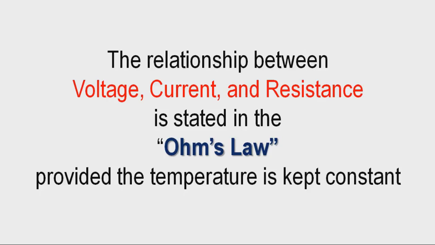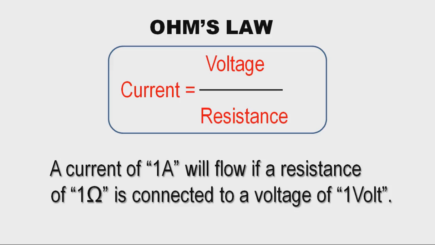Ohm's Law. A current of 1 ampere will flow if a resistance of 1 ohm is connected to a voltage of 1 volt. That is, Ohm's Law is given as current is equal to voltage by resistance. Simply we can understand from this.